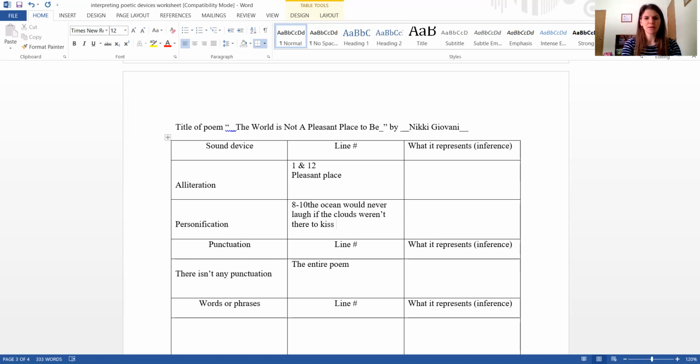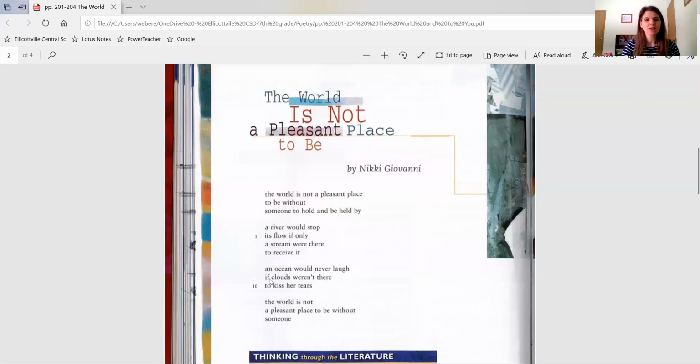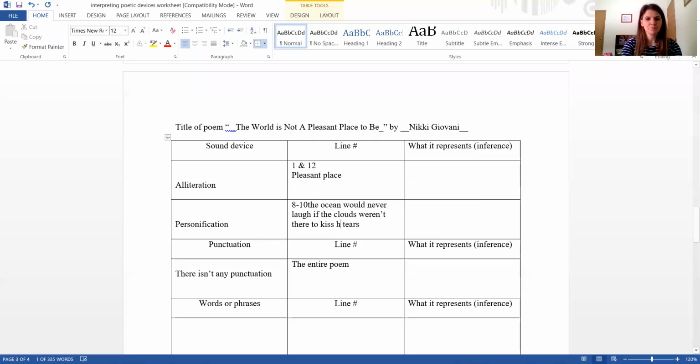I have it memorized, but I can't remember if that's the correct pronoun. Let's take a look. I have to fix it. Her tears. An ocean would never laugh if clouds weren't there to kiss her tears. So let me fix my wording.